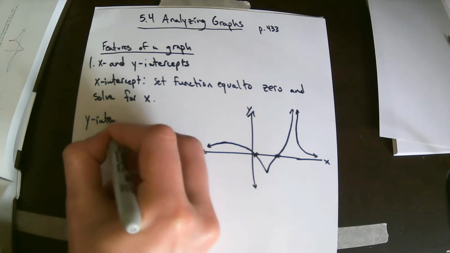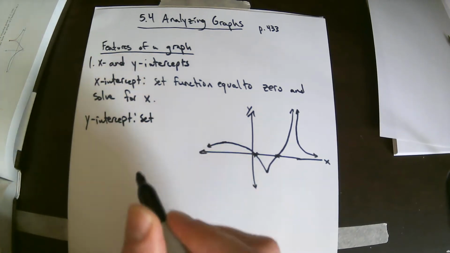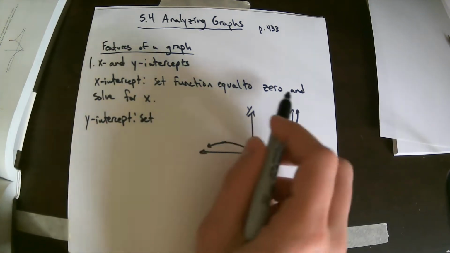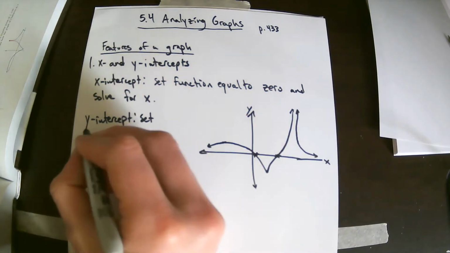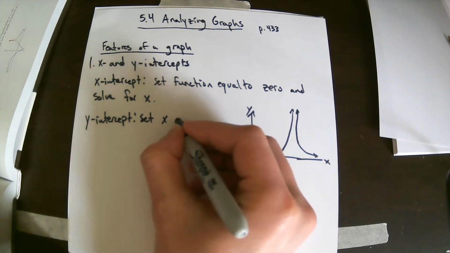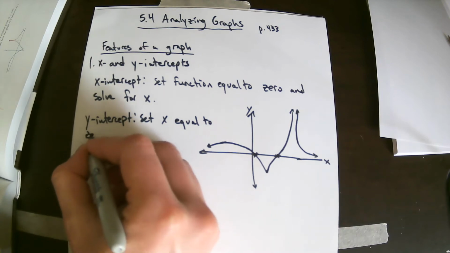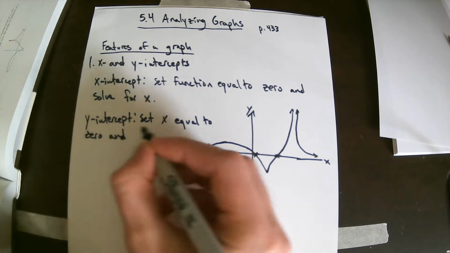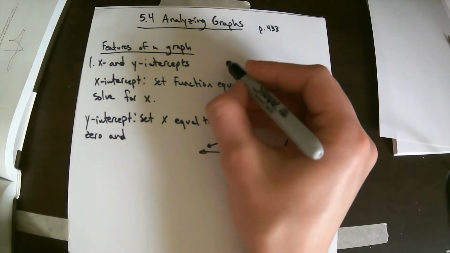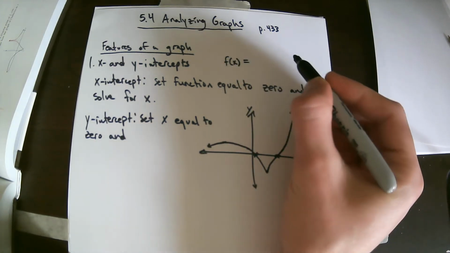And of course the y-intercept usually is easier. So with the x-intercept you set the y value, the functional value, the output value equal to 0, and you solve for x. To find the y-intercept you set x equal to 0, the input, which is much easier usually. Because with a function, your function is written with that output variable, f of x, already explicitly solved for, right?